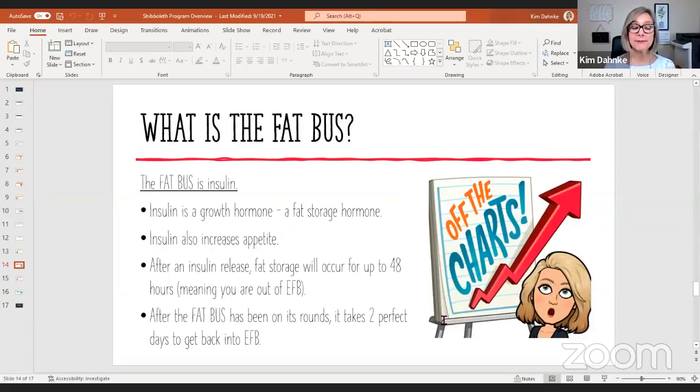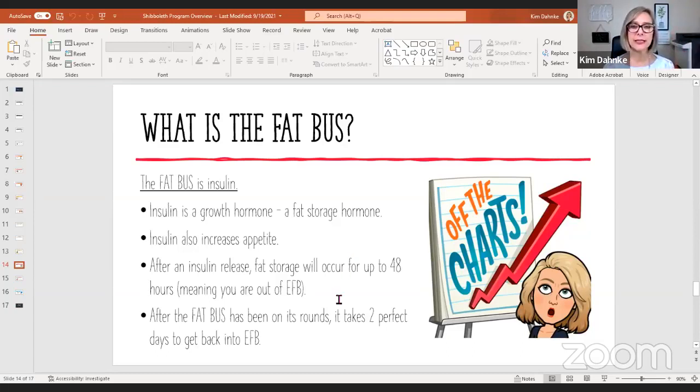What is the fat bus? The fat bus is insulin. Insulin is a growth hormone. It is a fat storage growth hormone. Insulin also increases appetite. It'll send it off the charts. Have you ever eaten some macaroni and cheese and then all of a sudden wanted ice cream, and then you wanted some chips, then you wanted a cookie, and then you wanted a pickle, and you're like, oh my goodness, this has gone out of control? Insulin.